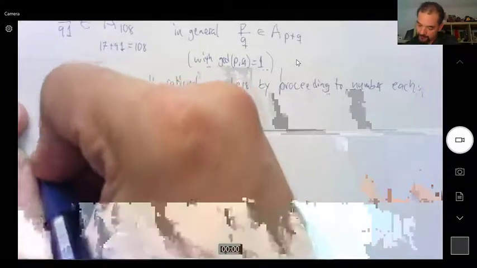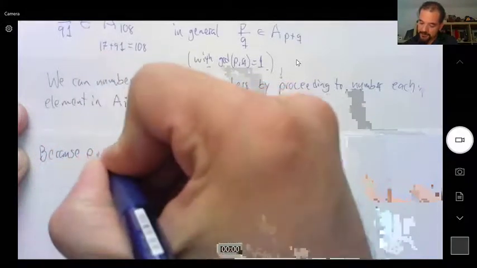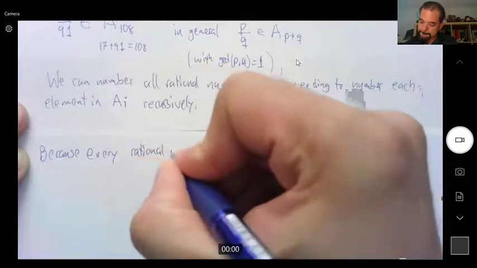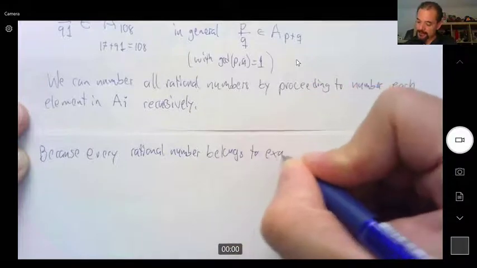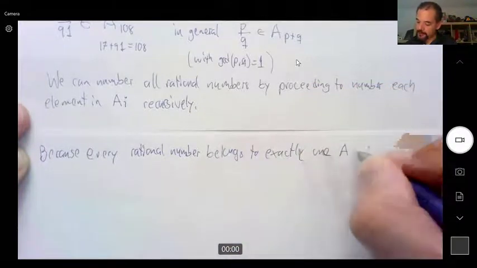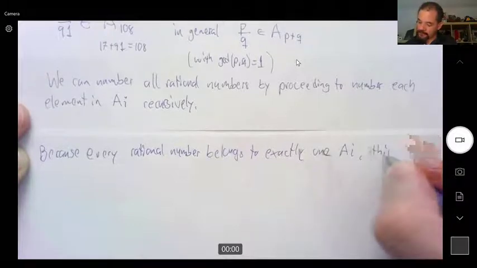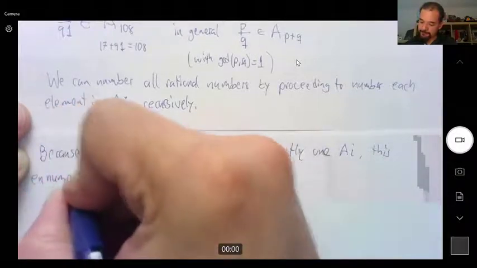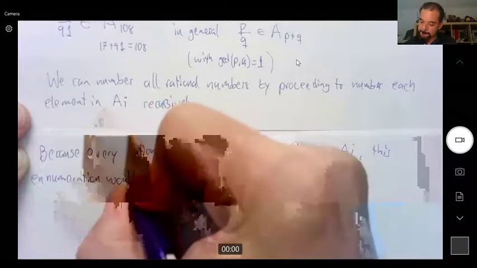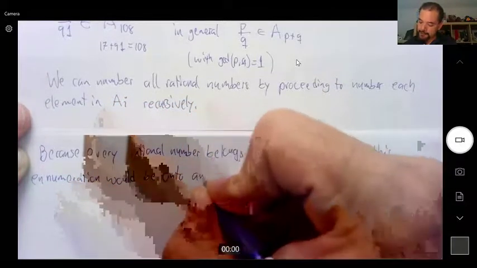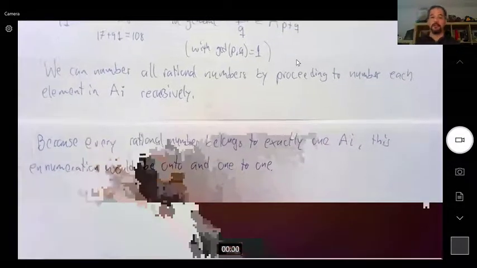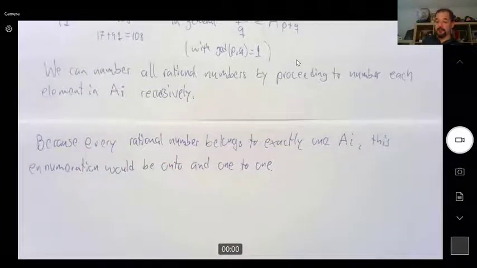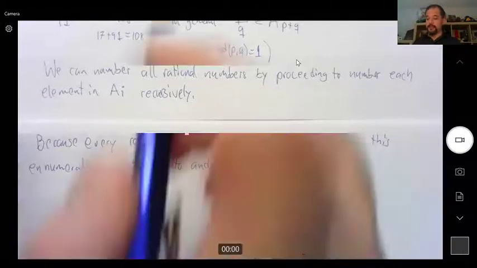So because every rational number belongs to exactly one A_i, this enumeration would be onto and one-to-one. Right? So that is the way we can transform a function from the natural numbers to the set of rational numbers.